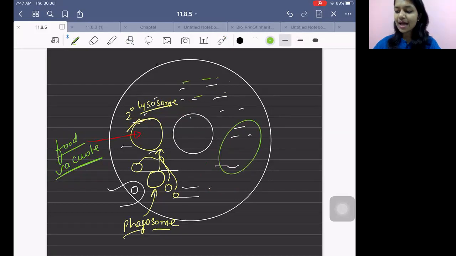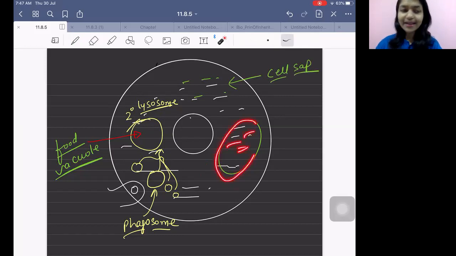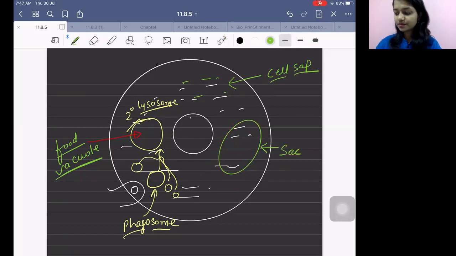You call it as sap, cell sap, cytosol, right? Cell sap. So if the cell sap is bounded by a membrane, you will call it as sap vacuole. The membrane of vacuole, you should know what is it called as? Tonoplast.